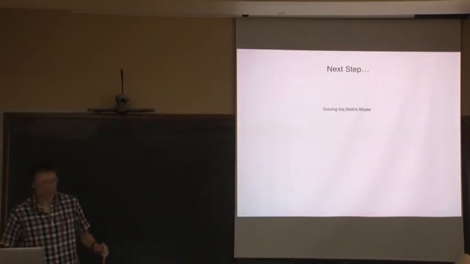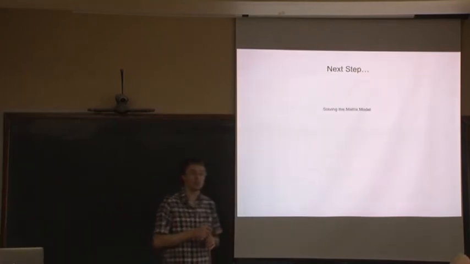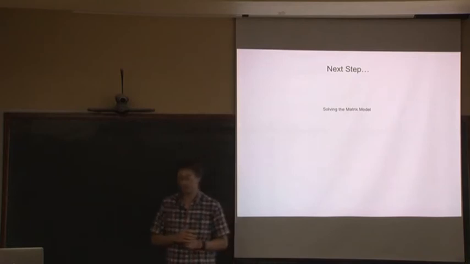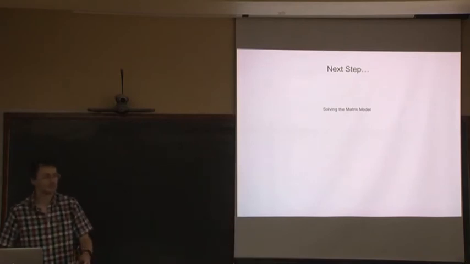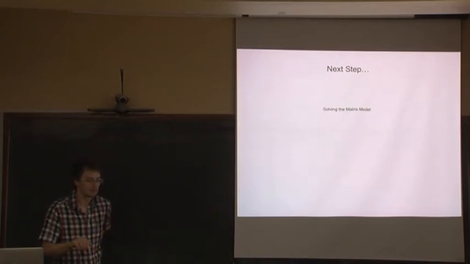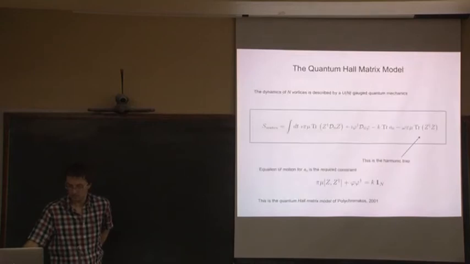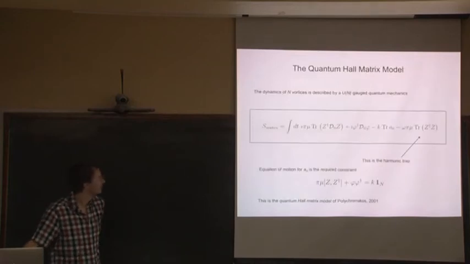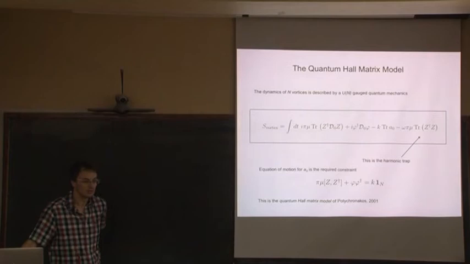All right, so the next step is we've just got to solve this. No, I thought that was too strong because the D-term constraint just gives you the moduli space. That's right. So when you say it's equivalent to the matrix model, that seems too strong because here there's a notion of the metric also involved.